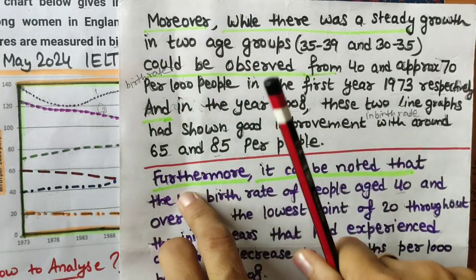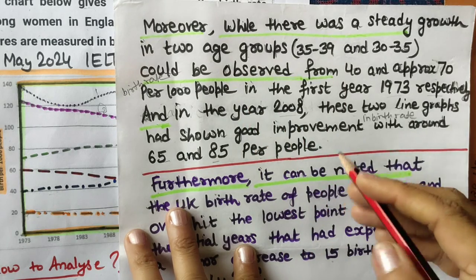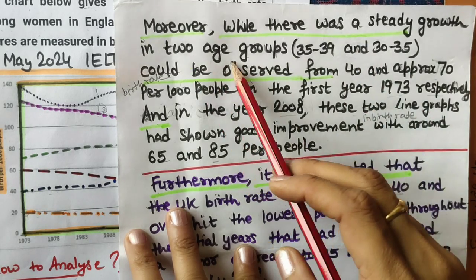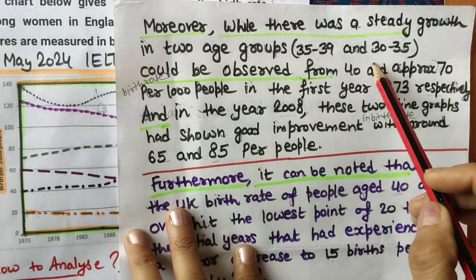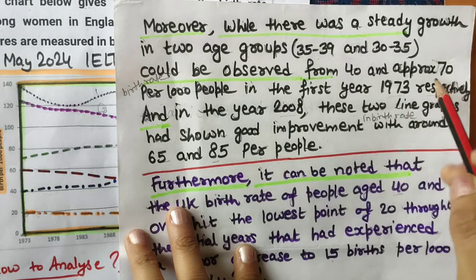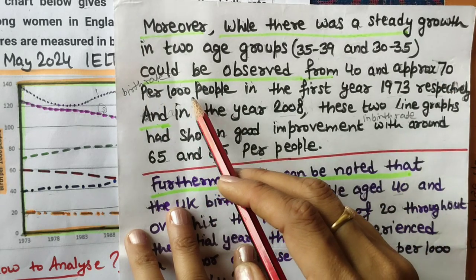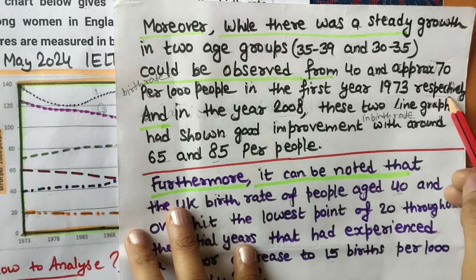So moreover, while there was a steady growth in two age groups, the age groups 35 to 39 and 30 to 35 could be observed from 40 and approximately 70 births per 1000 people in the first year 1973 respectively.